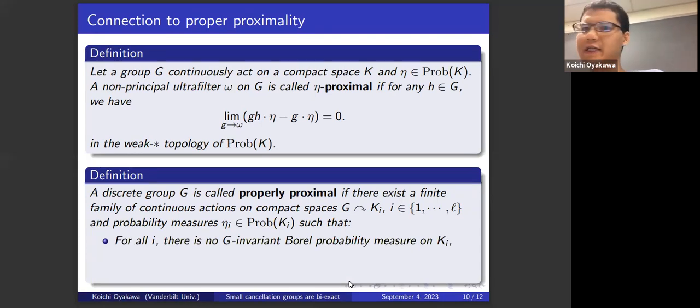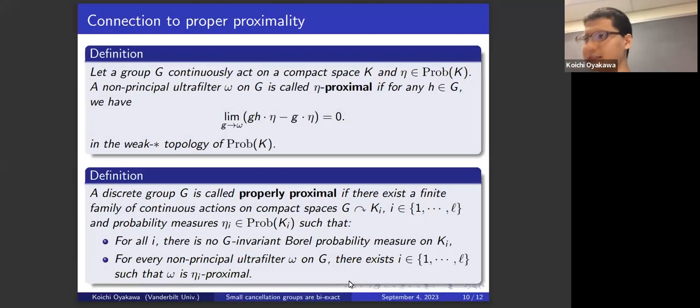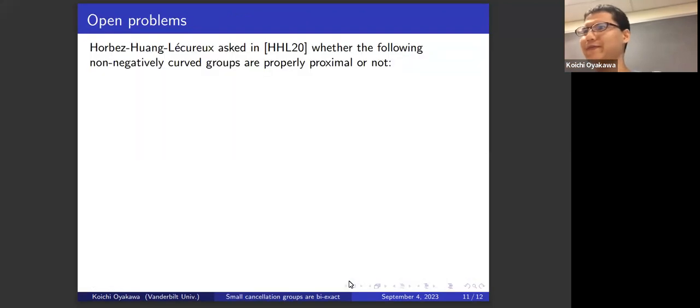First, this action doesn't admit invariant measures. Secondly, the ultrafilter of the group has a nice property. Whatever these conditions are.